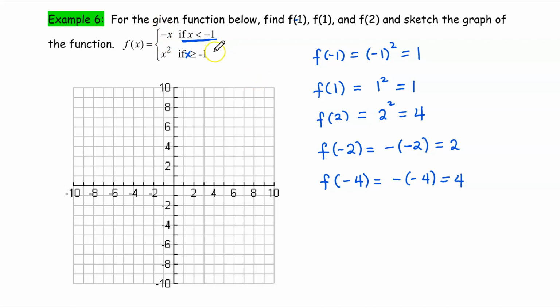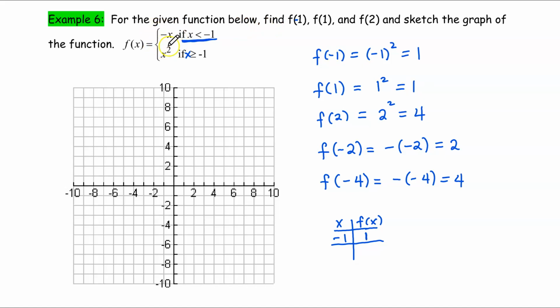Okay? So anyway, because this is just a line, we would need 2 points. So we can use -1 as our point. So if x is -1, this is your x, f of x. So we know if x is -1, that is equal to 1.